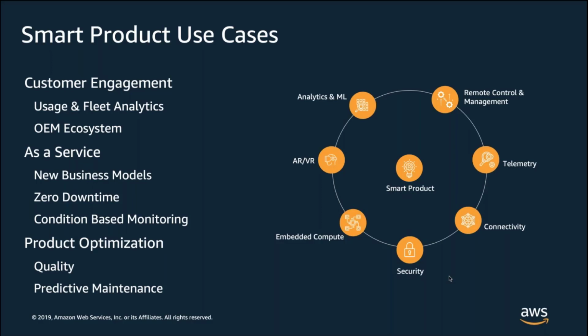And then once we've actually got that there, what can we actually do with that data and using analytics and machine learning to bring intelligence back into your business, but also providing additional functions and features to your end customers.